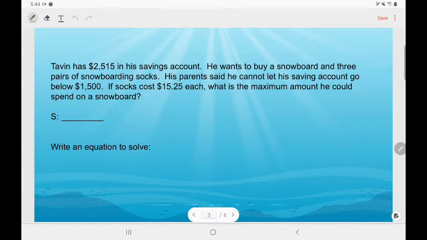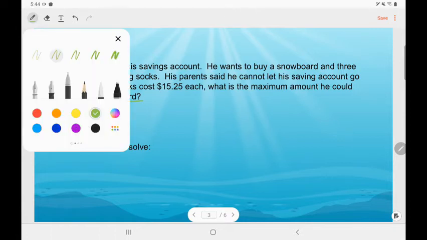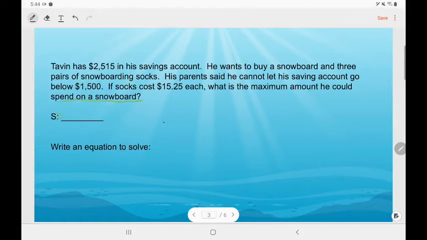So again, remember that the first thing I'm going to do is look for what it is that I want to know. I want to know what he can spend on a snowboard. So again, I'm going to define my variable. S is going to equal the money spent on the snowboard.